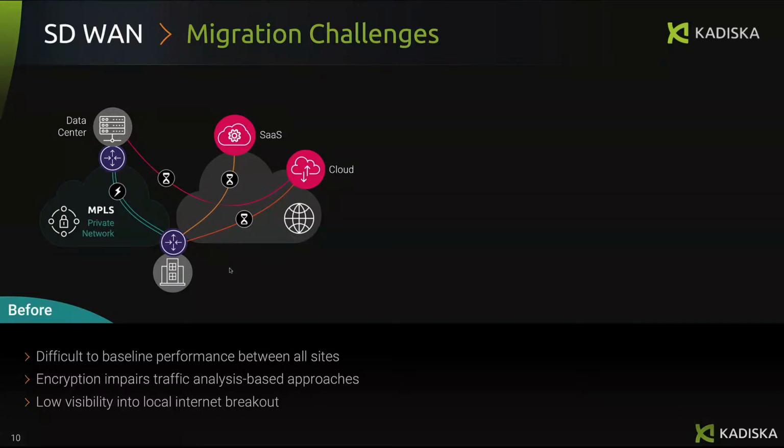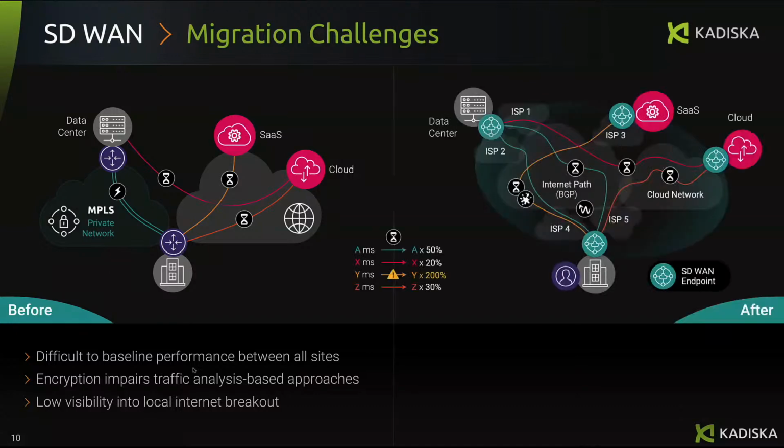And the first need is to be able to really benchmark what the existing network looks like, what the users are currently experiencing from an application standpoint, and what the connectivity is that's delivering this today. When you move to a new deployment and you start to migrate people onto an SD-WAN or a hybrid network type environment, you're going to want to compare how the performance is on each of these routes before and after the migration.